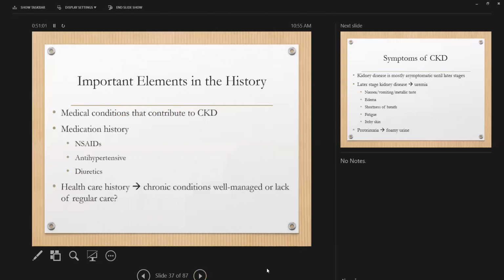In the person's medical history, you want to make sure that you identify, has this person taken nonsteroidals in the past? If they have, how much are they taking? How long have they taken them? What is the reason that they are taking them? Especially if you're seeing a decrease in the person's GFR. Is this person hypertensive? Are they on antihypertensive medications?